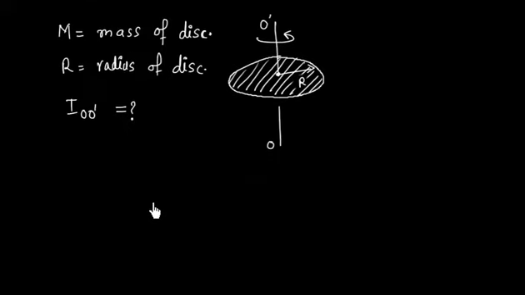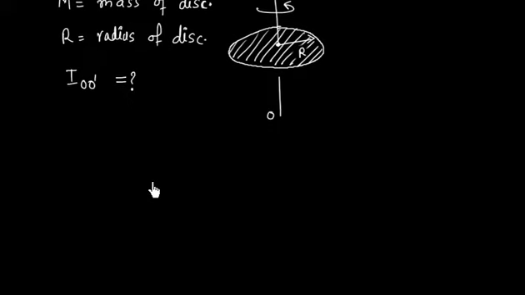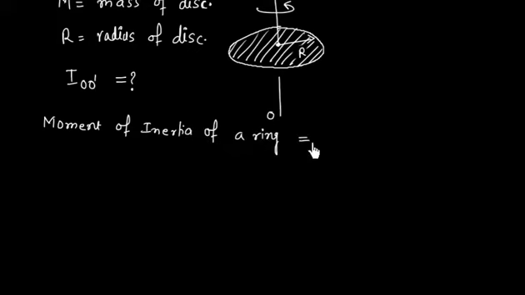To calculate this, we will use the fact that the moment of inertia of a ring is mr square.